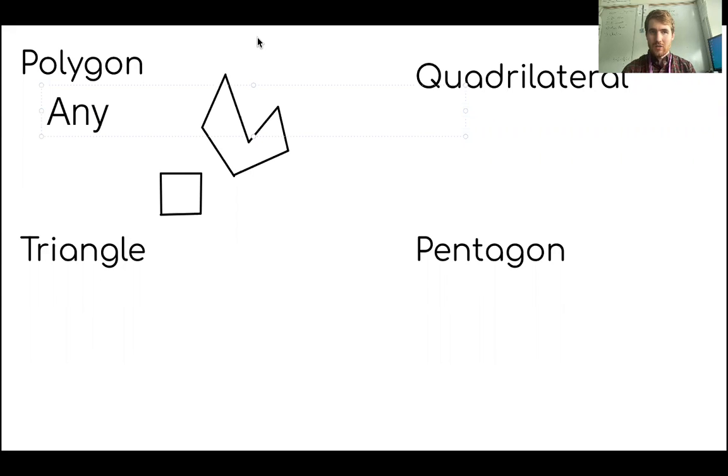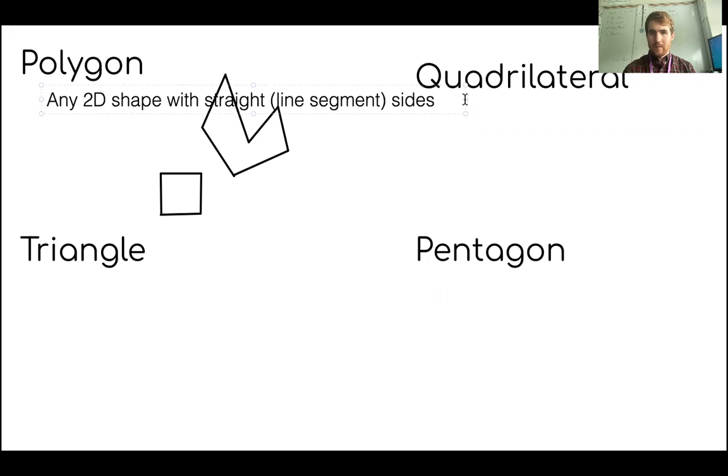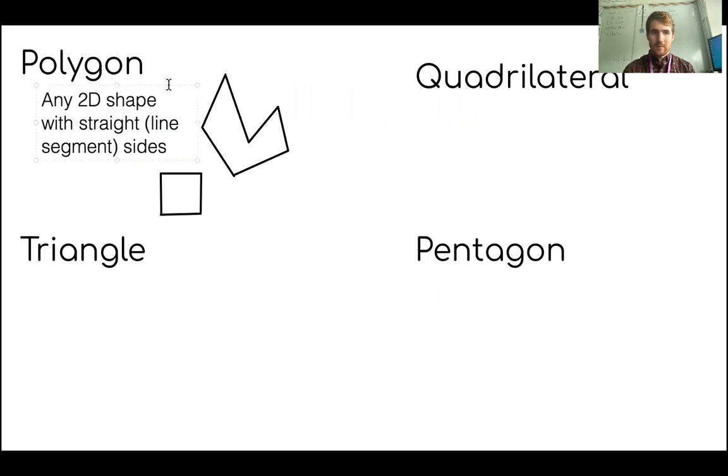Any 2D shape with straight line segments. Every side is a line segment. So that's a polygon.